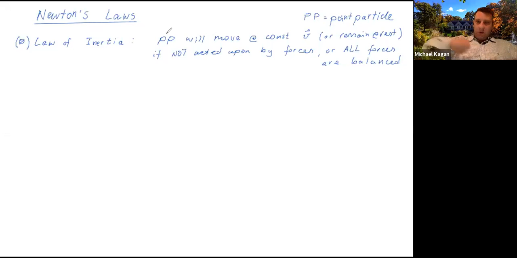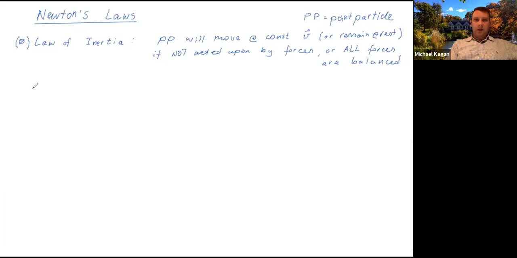So if you throw a frisbee in outer space, far away from any planets or stars or anything, there will be no forces, right? So the second part of the law of inertia is satisfied, but some points on the frisbee will not be moving in a straight line at constant velocity. So Newton's laws really should be stated for point particles. Okay, generalizations are not always working.